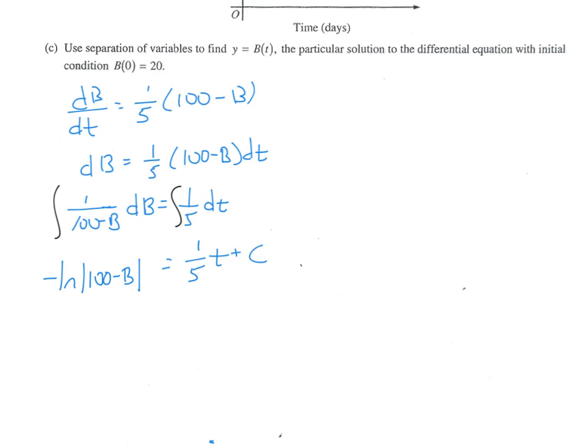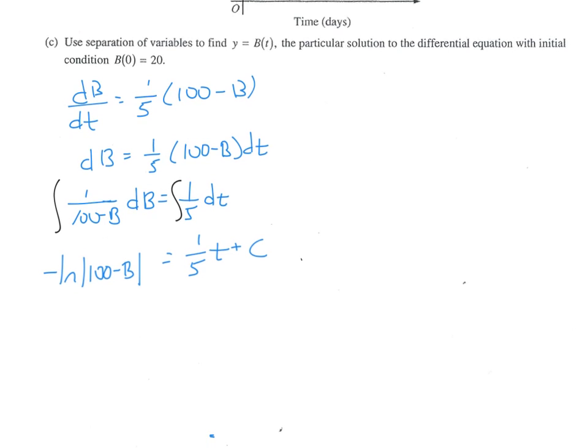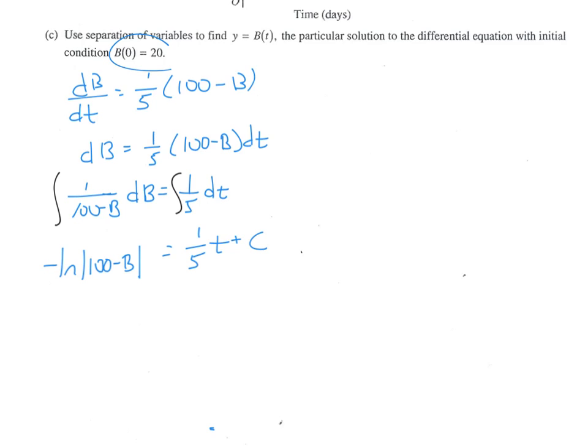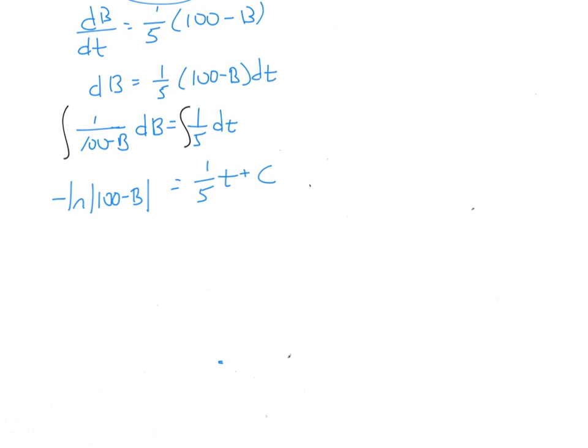So now we've got to go ahead and solve for B, or maybe before we do that we'll find C. They tell us that B of 0 is equal to 20, so let's use that information. So B of 0 is equal to 20.